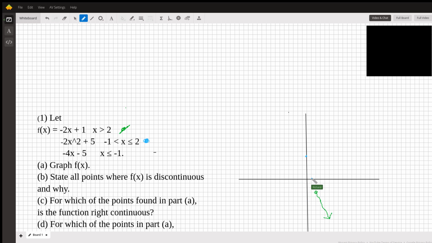How about when x is 1? When x is 1, y is going to be what?